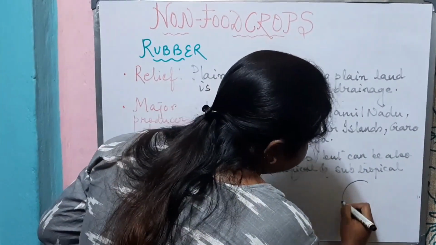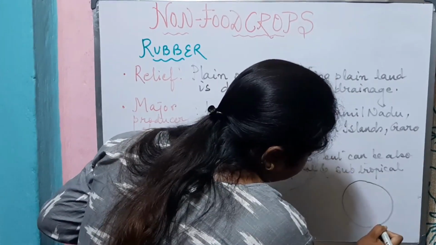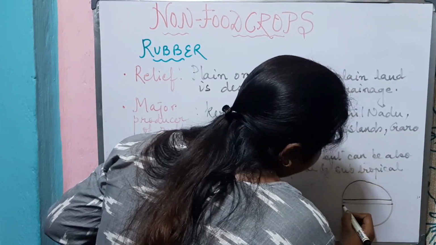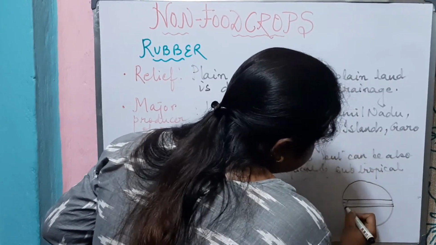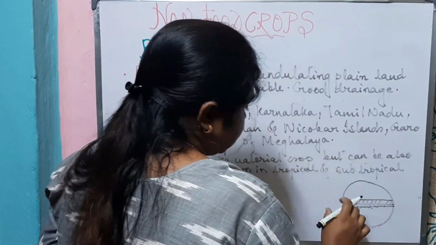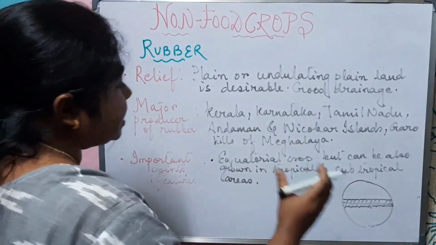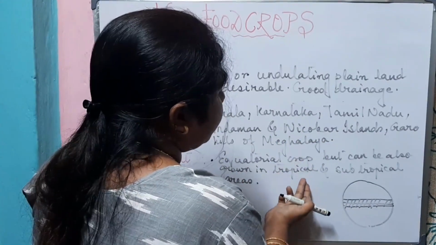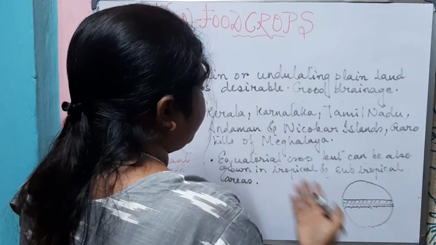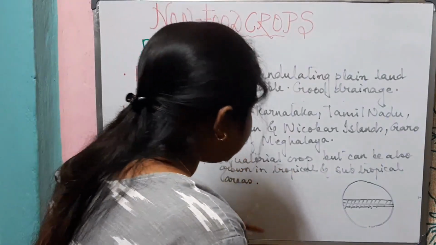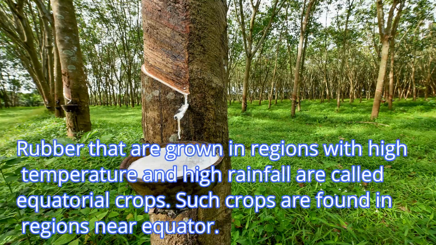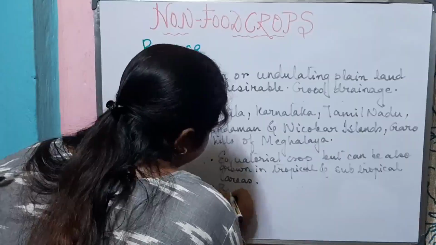Equatorial crop means this is the equator, so rubber is usually grown in this area. But other than the equatorial climatic condition, it can also be grown in the tropical climatic condition, which is hot and humid, and also in the subtropical climatic condition. That is why we call rubber an equatorial crop, but it can also be grown in tropical and subtropical areas.